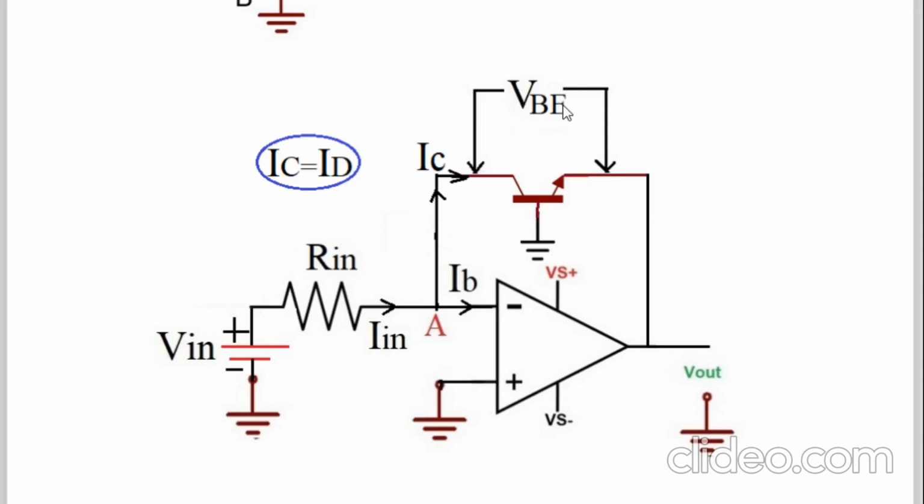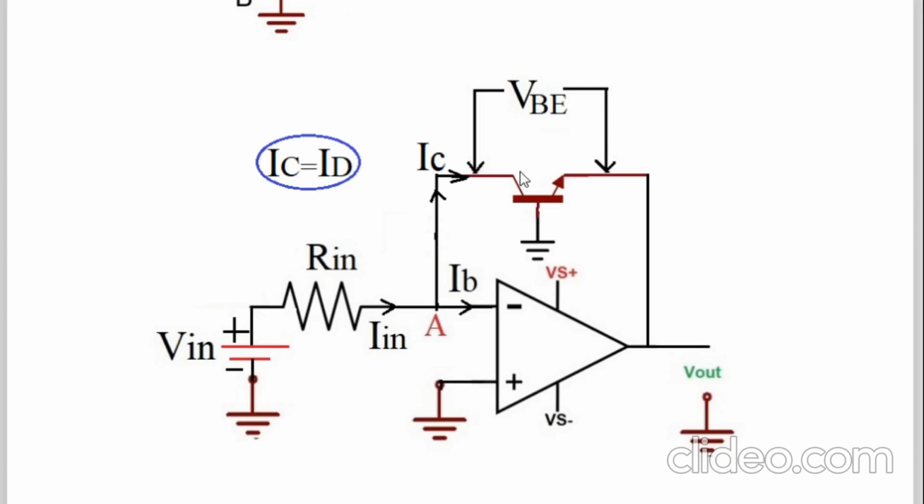Earlier we used to say VD, the voltage across the diode, but now we are saying VBE, base to emitter, because the base to emitter PN junction is active. VBE is also the voltage across a diode which is active, because the other diode is disabled. Therefore we can also say that VBE is equal to VD, and we are coming to the derivation.